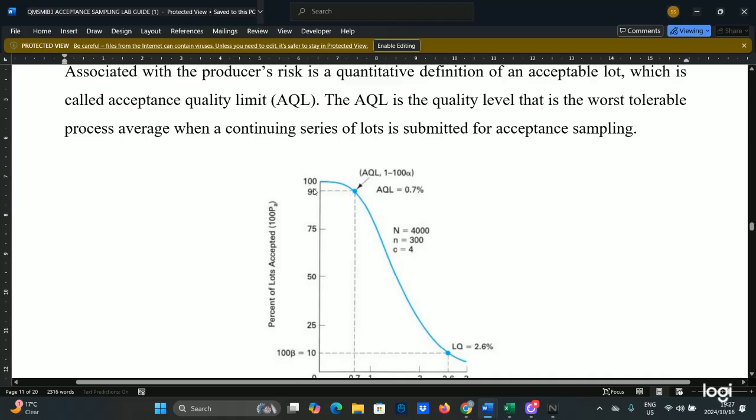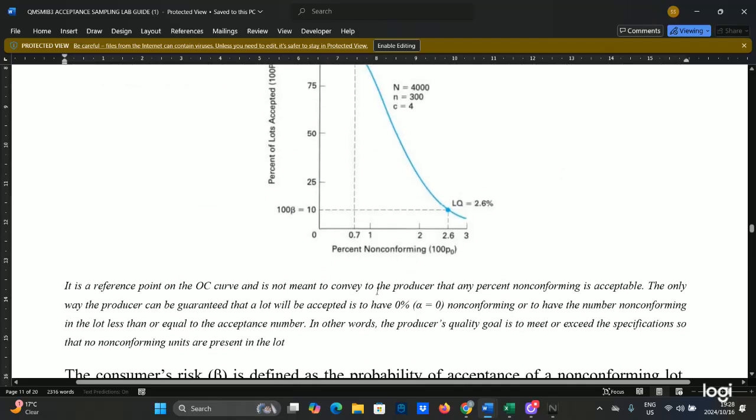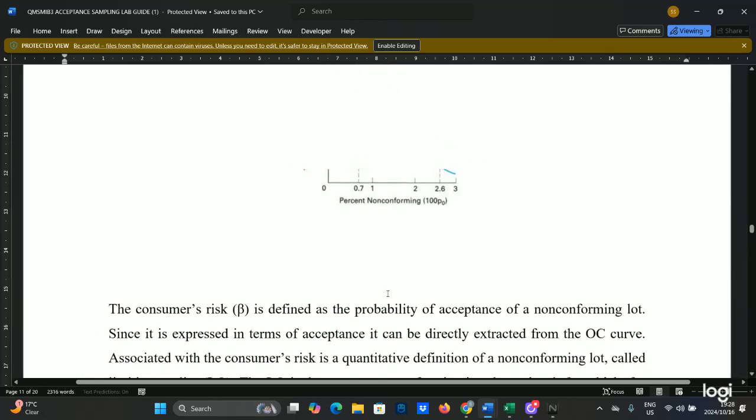Then you determine your LQL by extrapolating from here and then down here, and then you can determine your AQL. Your AQL indicates the lowest quality level that the company might be willing to accept.